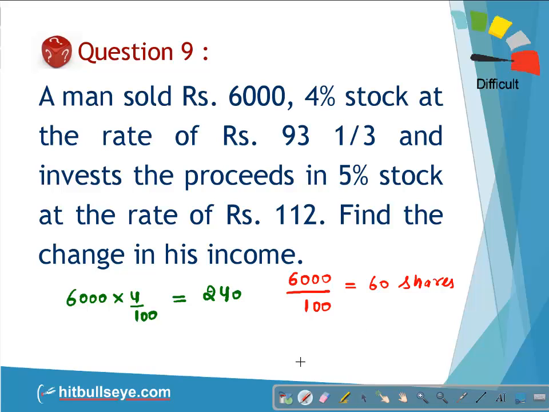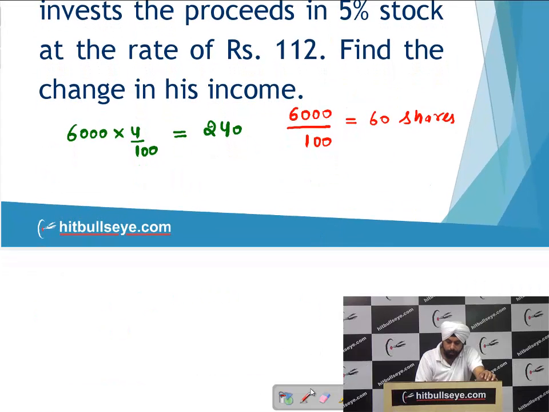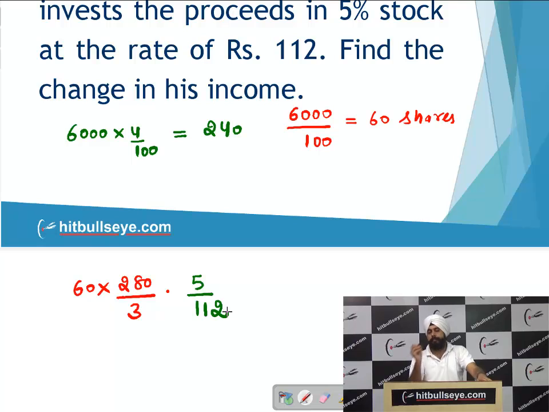Now he sells those shares at the rate of 93 1 by 3. Now students, what will he get out of the sale? He will get 60 into 93 1 by 3, which will become 280 by 3. Now this is the amount he invests in such a manner that he earns 5 rupees on every 112 invested. Now students, it will straight away give us his income only. Let's cancel it.